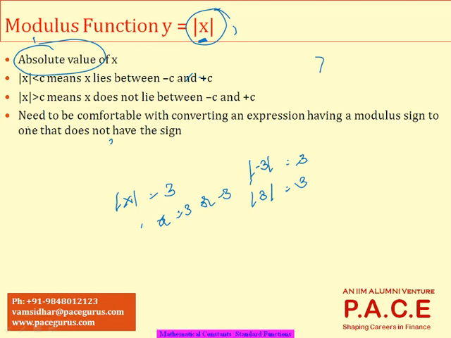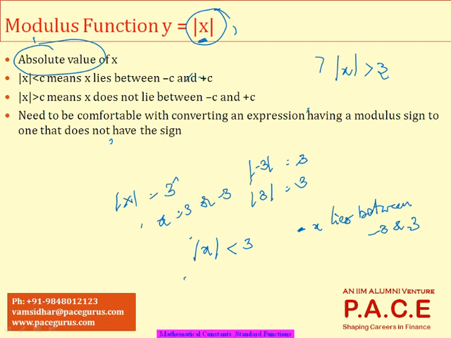In a similar way, when someone says mod x is less than 3, I should look at it as x lying between minus 3 and 3. Simple way for you to remember: whenever we talk about mod x less than 3, you can very well assume that x lies between minus 3 and 3. And if someone says mod x is greater than 3, I say that x does not lie between minus 3 and 3.